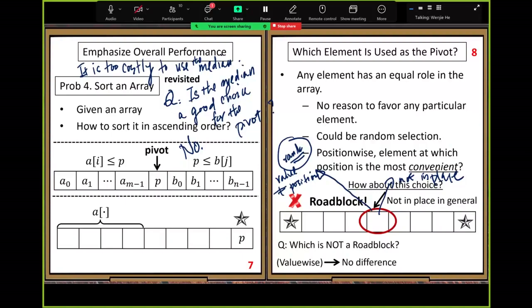So here we assume we place the pivot element at the right endpoint. Then our goal is to put all the elements that are less than or equal to P in the left subarray, and all the elements that are greater than P in the right subarray. Now think about the picture.